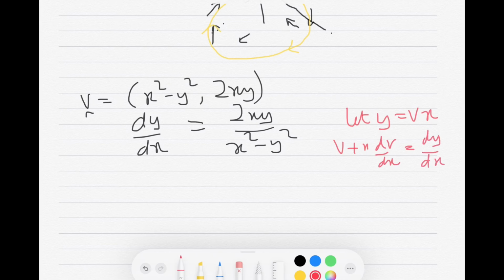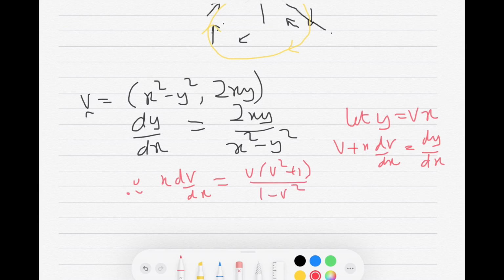You impose that on the differential equation without getting into too much detail. What you end up with is x dv/dx will equal v times (v squared plus 1). This is after some simplification. You can do that, over 1 minus v squared.